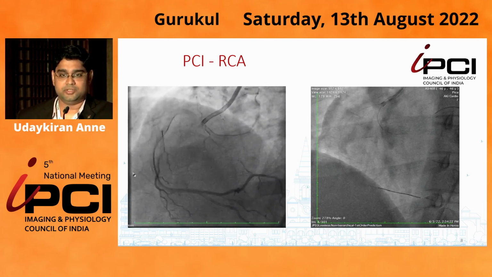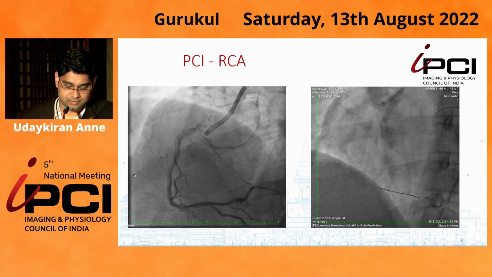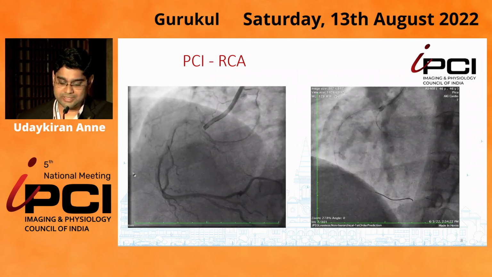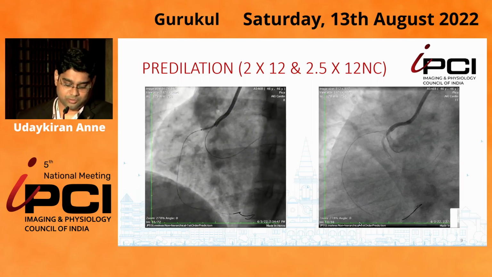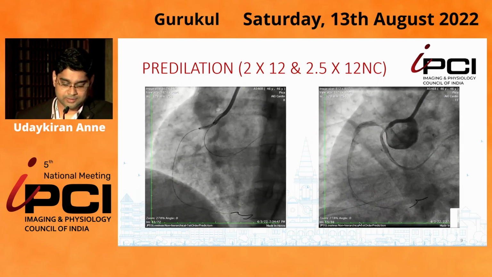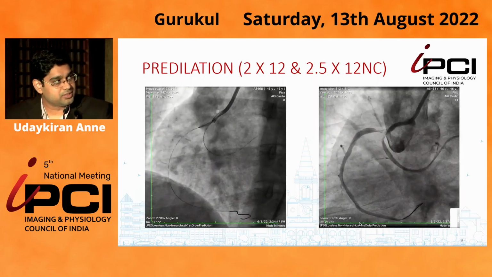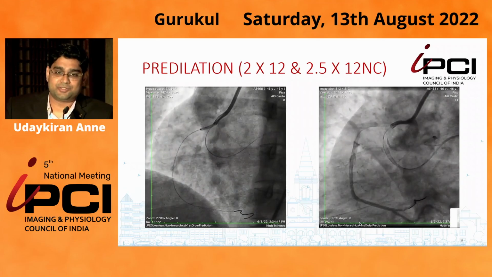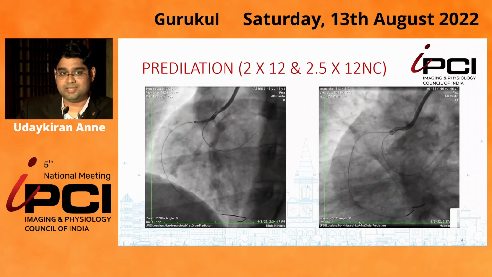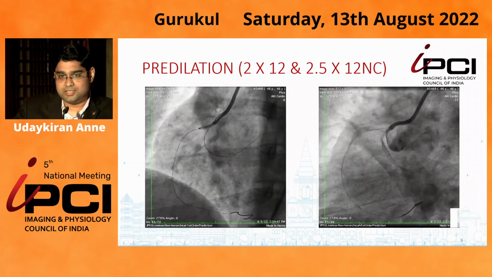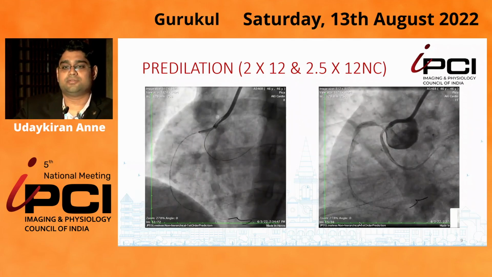So we went ahead, took an Amplatz guide, and wired both the vessels. We did pre-dilatation to the RCA. Then what we noticed was that the flow to the LCX had actually improved once we pre-dilated the right coronary artery. Probably the reason is that the stenosis of the RCA starts from before the origin of the LCX.